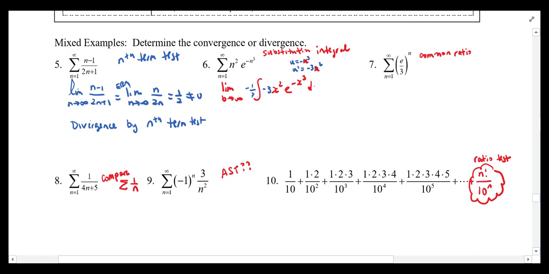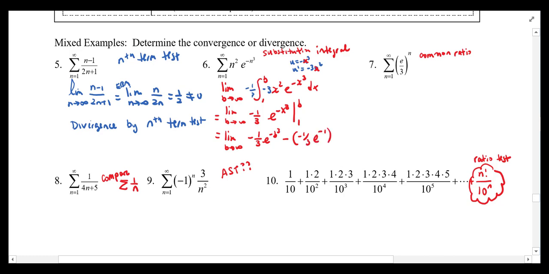Don't forget your dx, and then by reverse chain rule, this just becomes the limit as b approaches infinity of negative 1/3 e to the negative x cubed. We're going to evaluate this from 1 to b. I forgot the limits. Then you plug this in: negative 1/3 e to the negative b cubed minus negative 1/3 e to the negative 1.